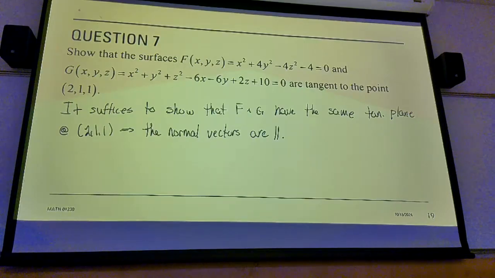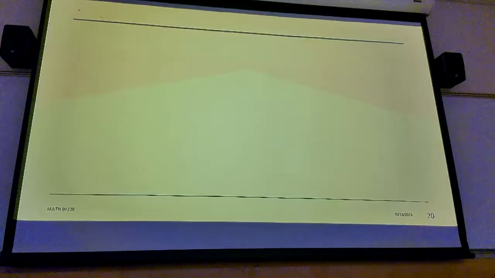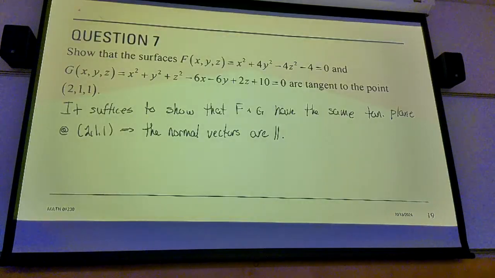So all that was the setup. Normal vector for F. So let's call it n sub F. Well, the proof that we just did tells us what that vector is.